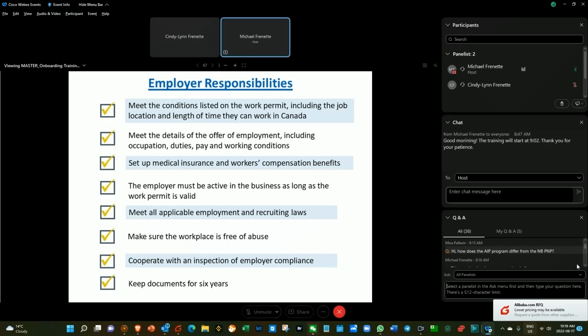You need to meet the details of the offer of employment, including the occupation, the duties that match the NOC code, the pay, and the working conditions. In some cases, if it's not offered at the provincial level, you need to set up medical insurance for the workers and so on. You need to be active in the company. Obviously, you need to meet all applicable federal and provincial employment and recruiting laws. You need to make sure that the workplace is free of physical, sexual, or financial abuse. And you need to cooperate with employment inspections if they are requested.